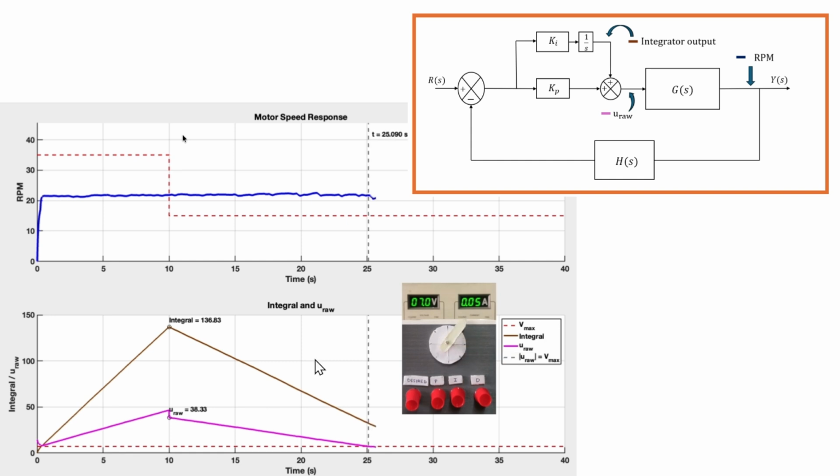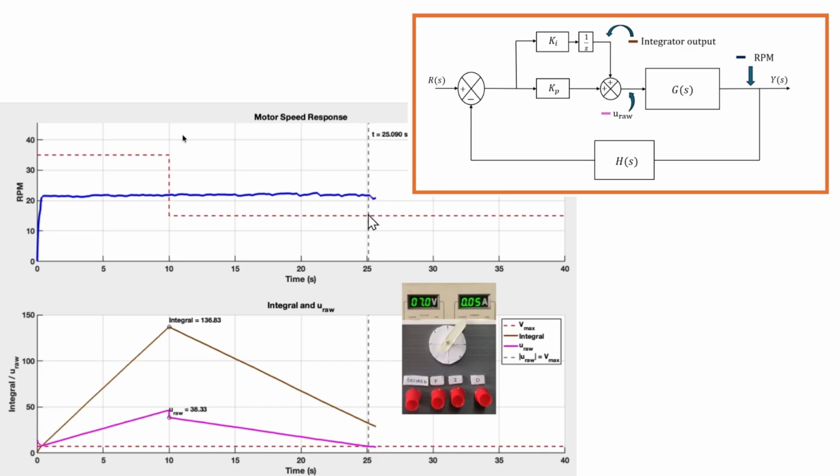So at this point, t equal to 25 seconds, you can see that we have hit the Vmax line, which means now the error is still coming down, because the error is still negative, right, because the measured output is still more than the desired output.